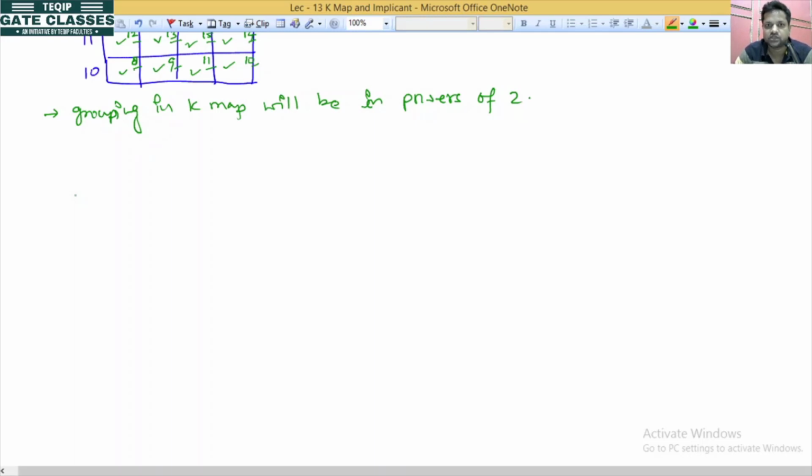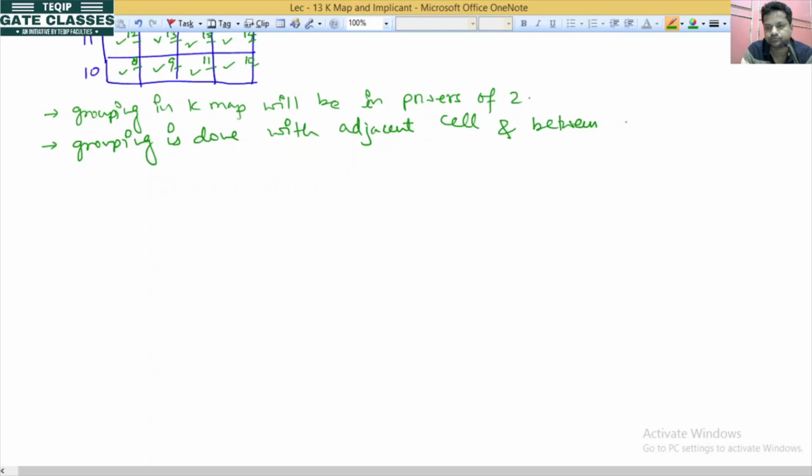You cannot group 3 cells. You cannot group 5 cells, you cannot group 6 cells. And grouping is always possible for adjacent cells. How will adjacent cells be decided? There will be one bit change among the adjacent cells.